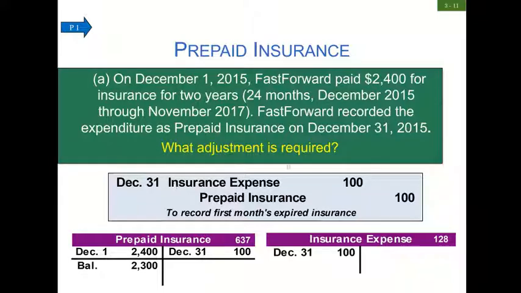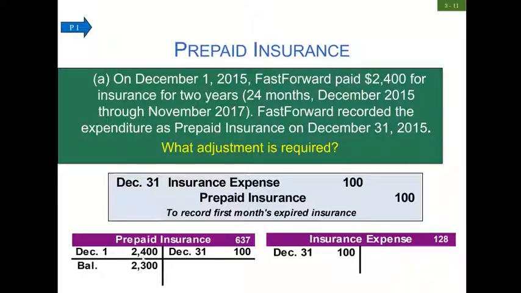So we will have an adjusting entry, and in the adjusting entry the debit side is insurance expense, and the credit side is prepaid insurance. This means that the part that the company used from the insurance will be recognized as insurance expense, and we reduce the future benefits, which is the prepaid insurance, by 100, the amount that has expired from the insurance.